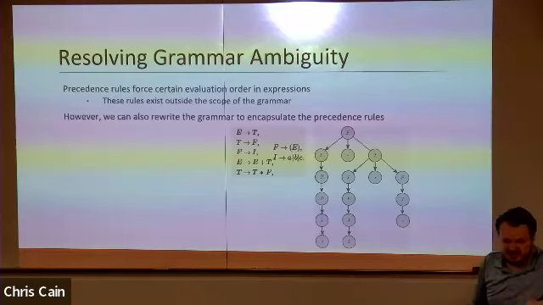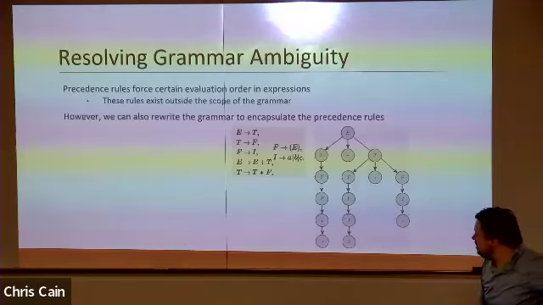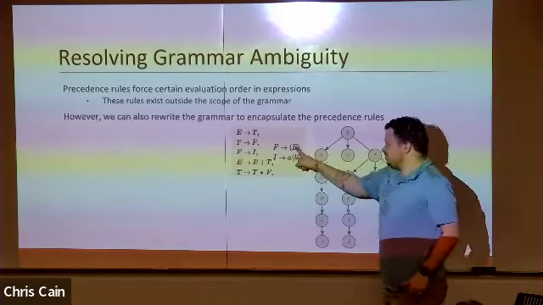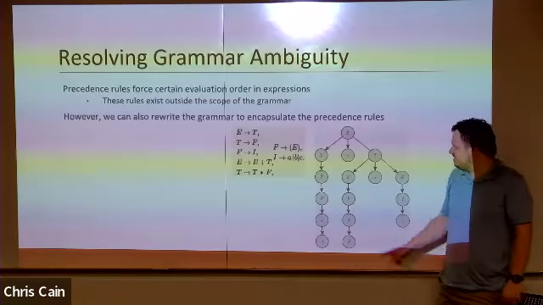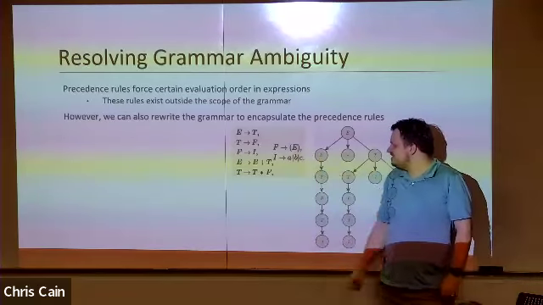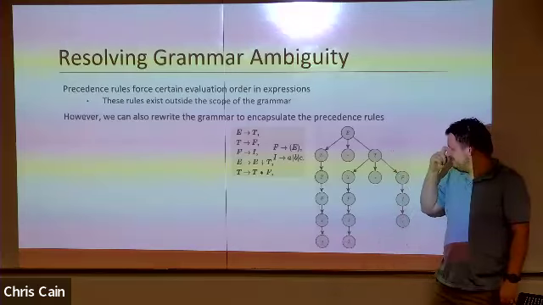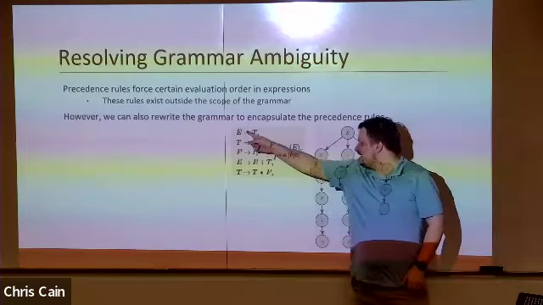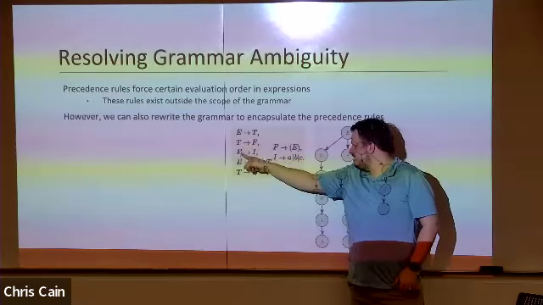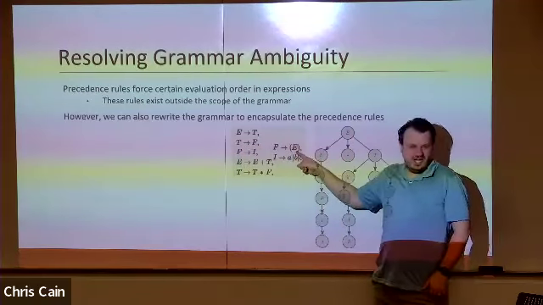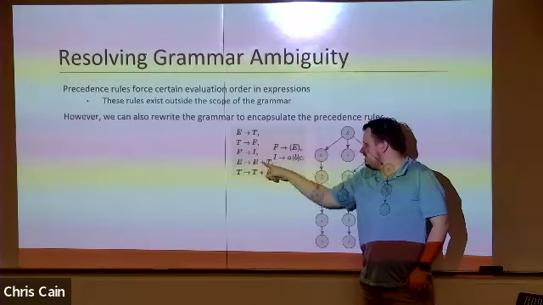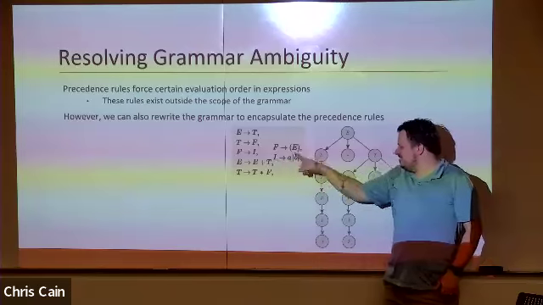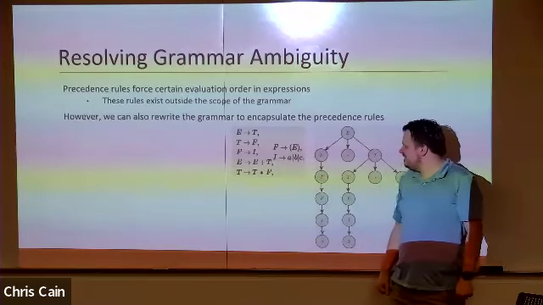Take a minute to convince yourself of that. That in order to do the plus before the times, we need some way of utilizing this rule. We would need to surround this plus with parentheses. So this E is going to become a T, which becomes an F, which becomes the E under parentheses, which can then evaluate a plus outside of the times.